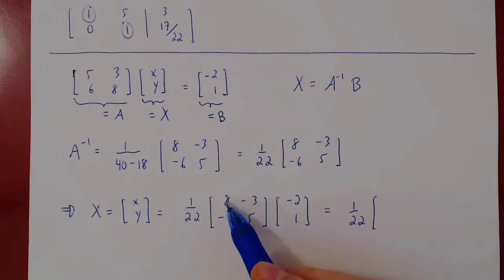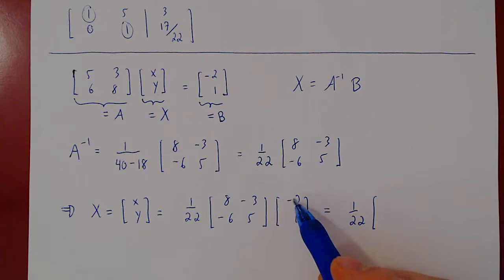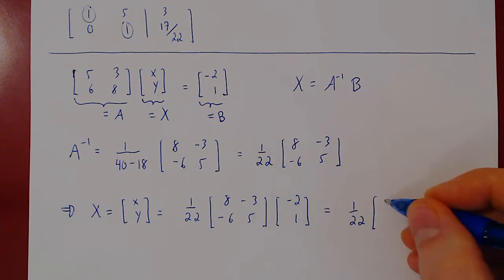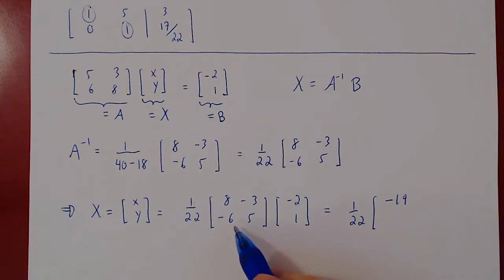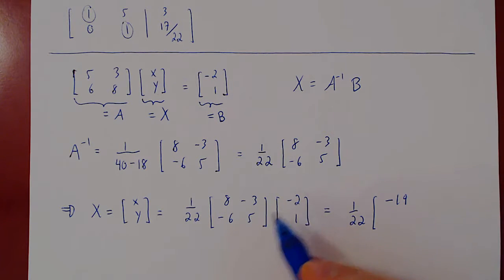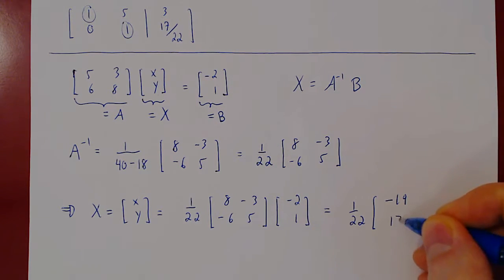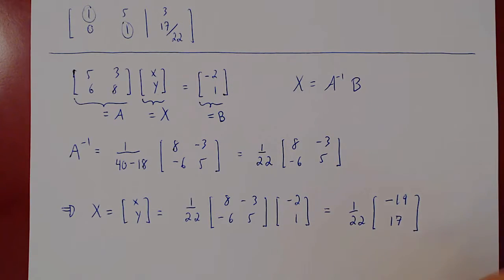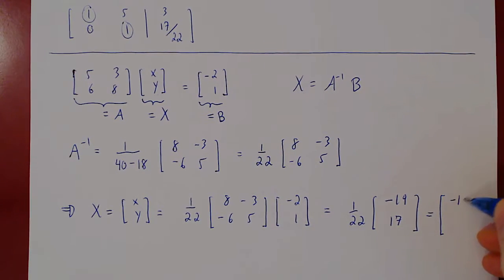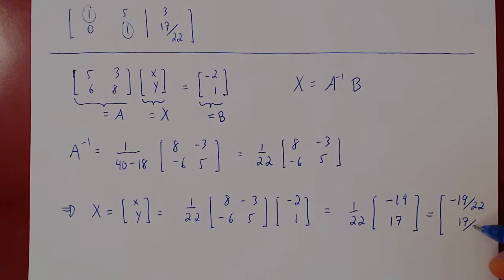So what do we have? 8 times negative 2, negative 16, negative 3, negative 19. Second entry, positive 12 plus 5, positive 17. If, of course, you multiply each entry by 1 over 22, you get negative 19 over 22, positive 17 over 22.